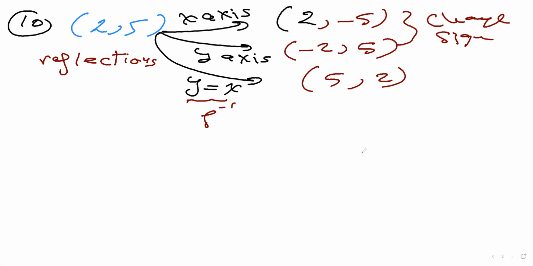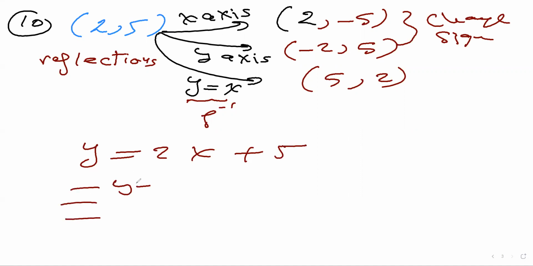For example, one question from June 2016, no calculator part. I have y equals 2x plus 5, and I have choices. y equals 1 over 2x plus 5. y equals -2x plus 5.